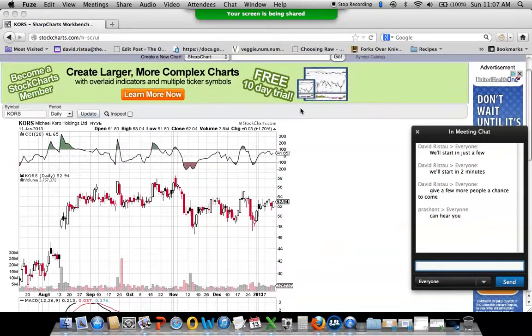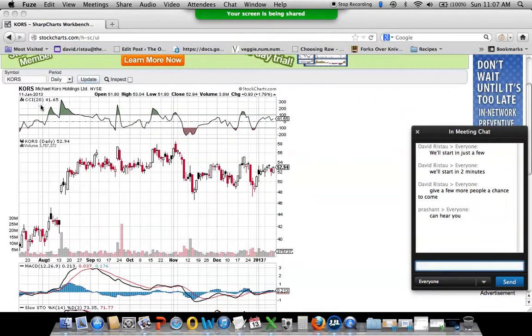The first one I like to use is called the CCI, the Commodity Channel Index. Typically it moves in the range of about negative 100 to 100, and when it gets outside those bands, it's showing fairly overbought or oversold conditions. Sometimes it'll go all the way up to 300, and I've seen some even go near 400.